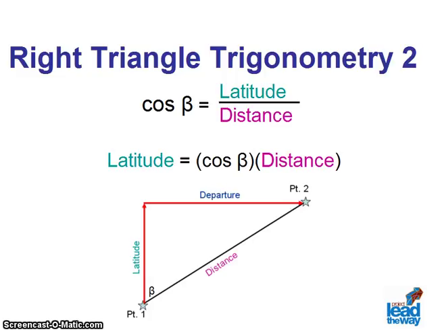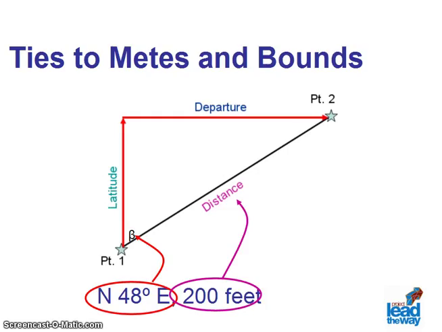Similarly, the cosine of an angle is equal to the adjacent side, the latitude, divided by the hypotenuse, or the distance. Solving for the latitude tells us that the latitude is equal to the cosine of beta times the distance between those same 2 points.